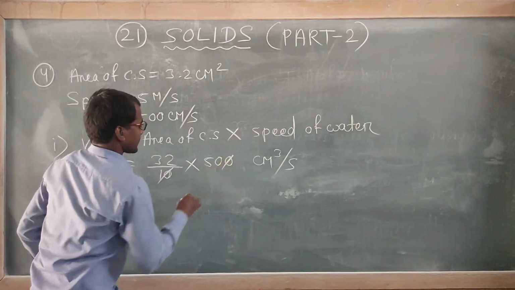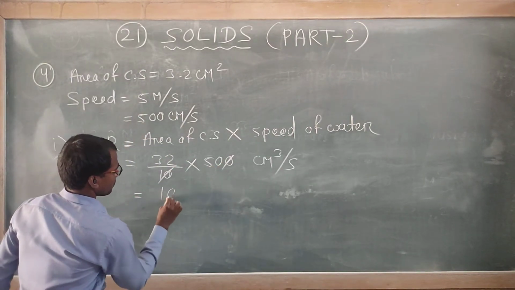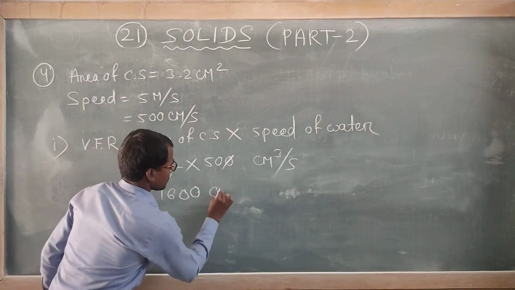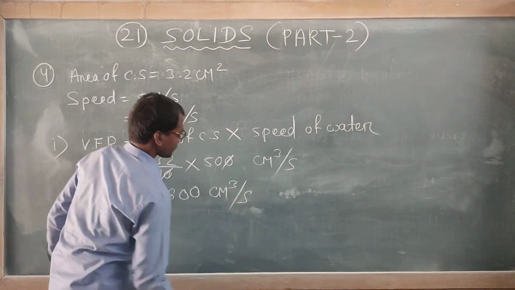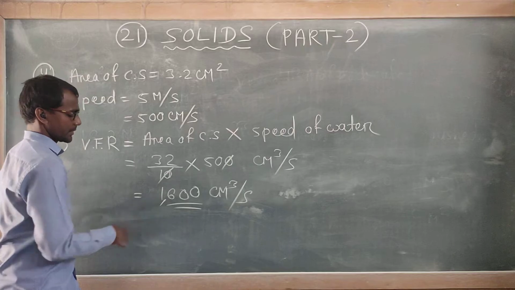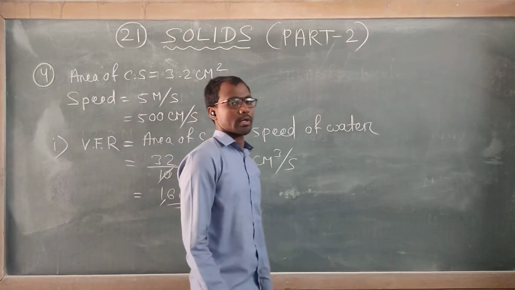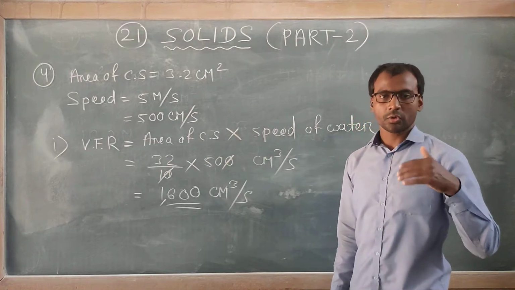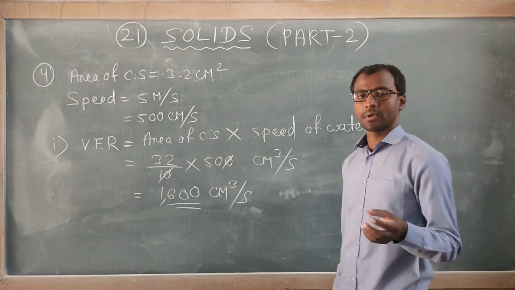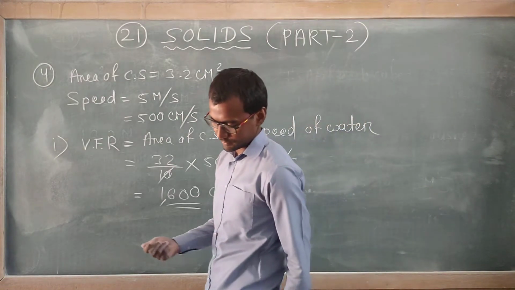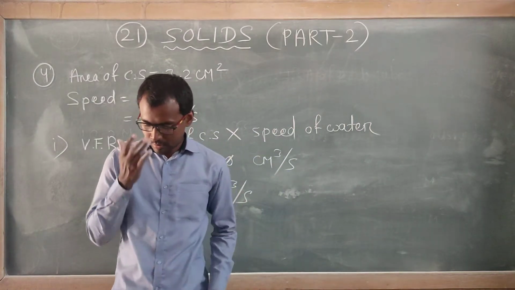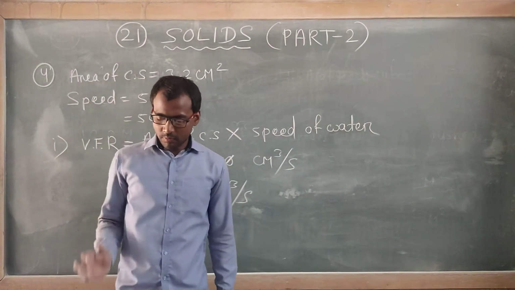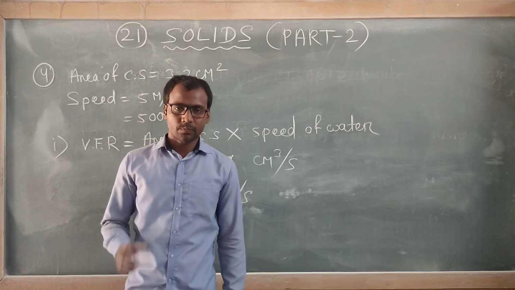So the zeros cancel, 32 times 5 is 160, giving 1600. This is the answer. So 1600 cubic cm of water is emerging from the pipe per second. Second bit: calculate the volume of water discharged in liters per minute.